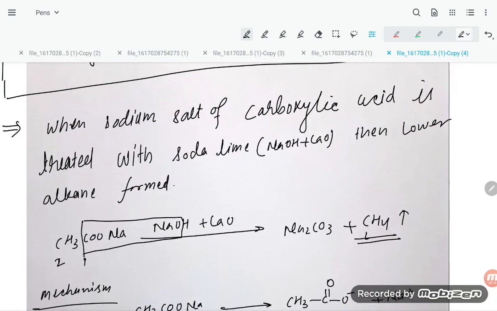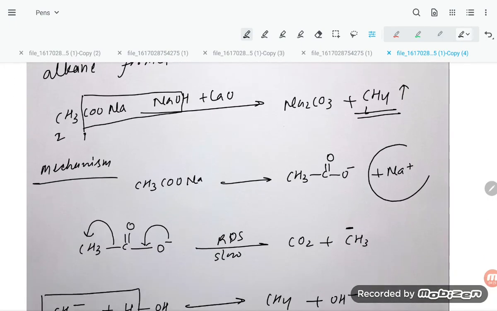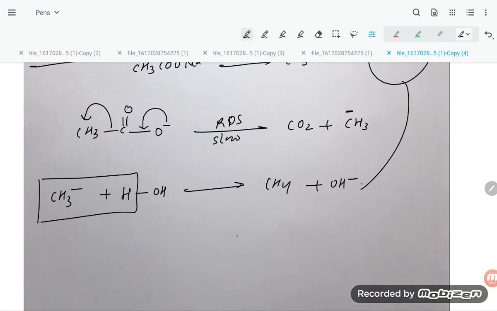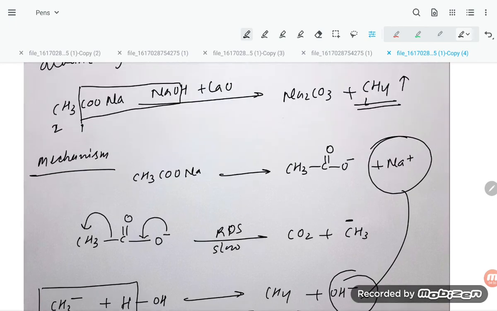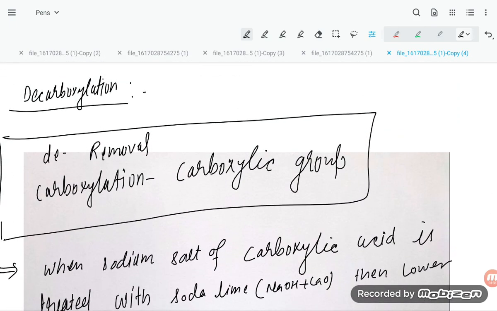This OH minus combines with the Na plus, so Na plus OH minus gives NaOH. So our product will be the alkane. This is our mechanism, student, for the Kolbe decarboxylation. Thank you, student. Thank you for watching.